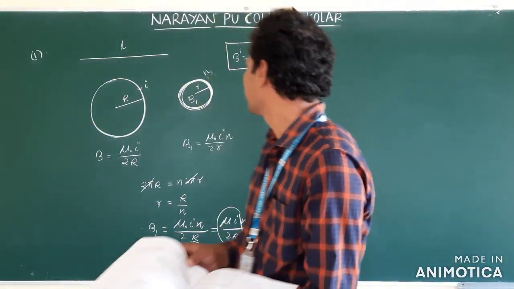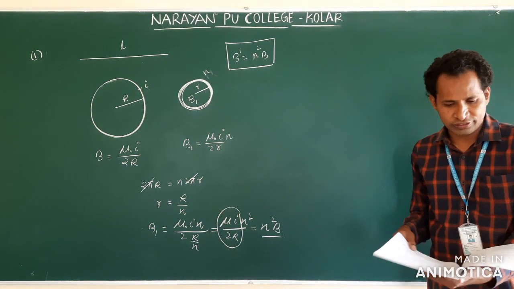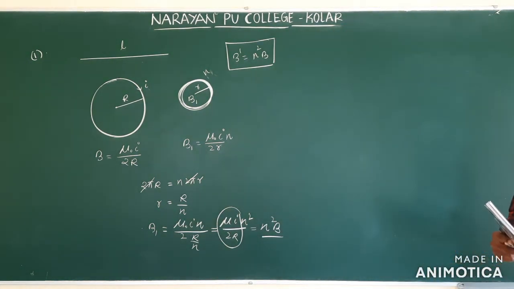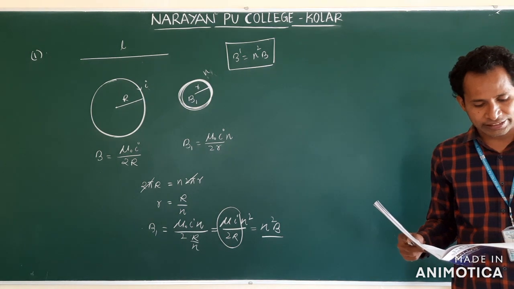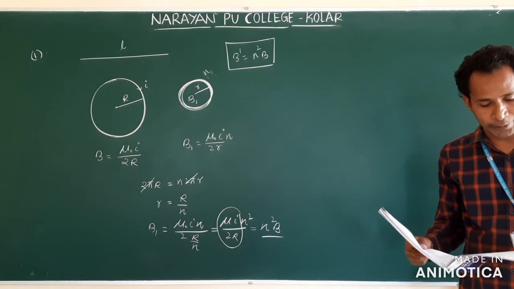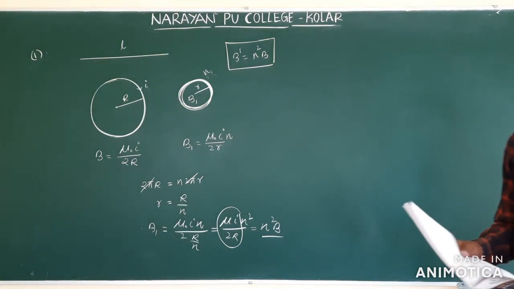Now, second question. A current is passing in an equilateral triangle of side L and made up of a uniform conducting wire as shown in the figure. The magnetic induction at the center O will be. This is also a very important model question.